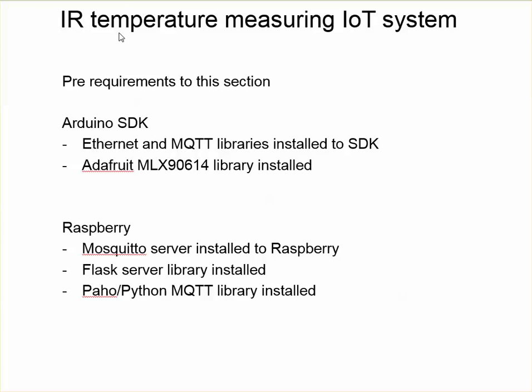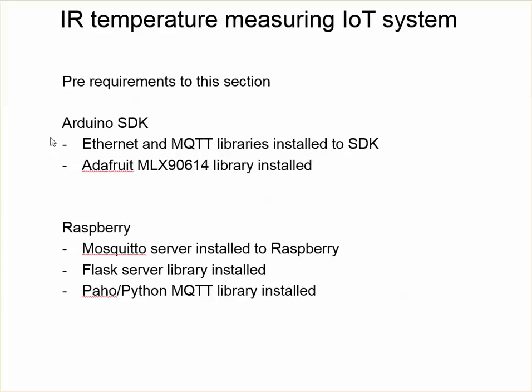On the tool side, you are using the Arduino SDK, but you will need the Ethernet and MQTT libraries installed into the SDK, and we will also use an infrared sensor, the MLX90 and so on, so you will need that library.